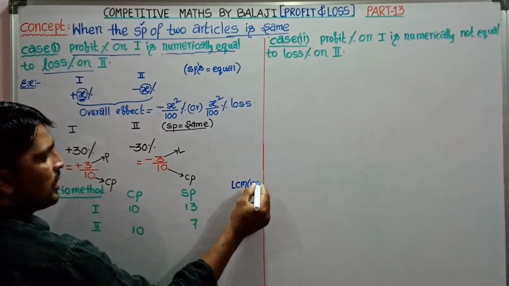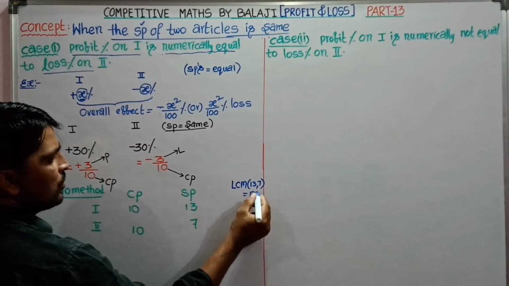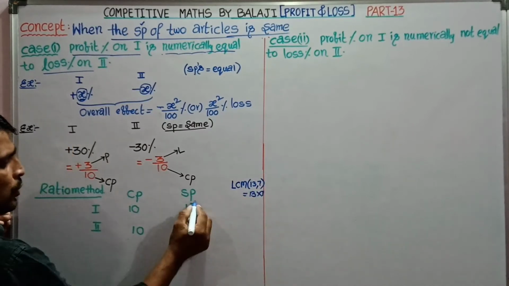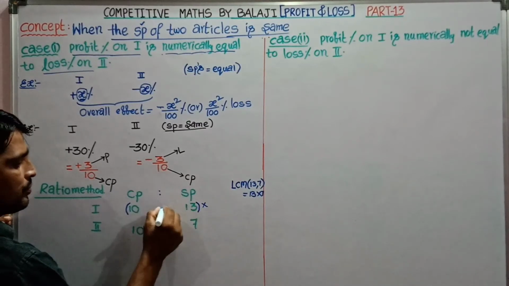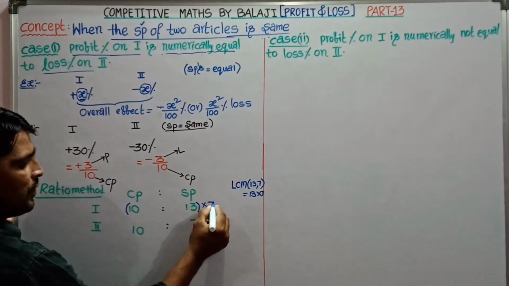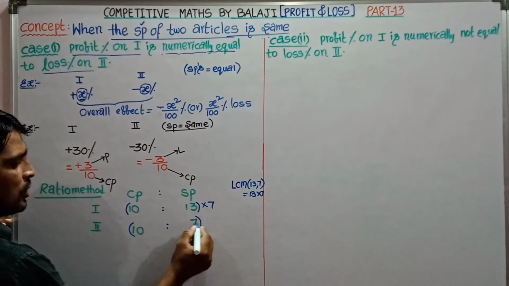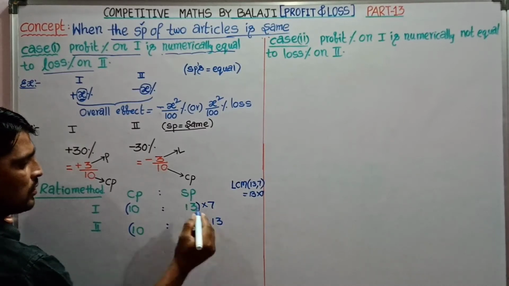The LCM of 13 and 7 is 13 into 7, that is 91. To get 91, multiply the first ratio by 7 and the second ratio by 13.